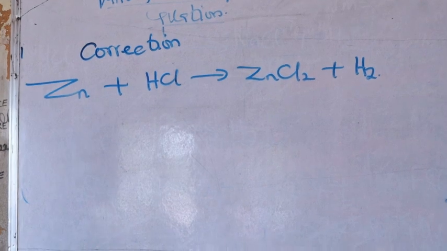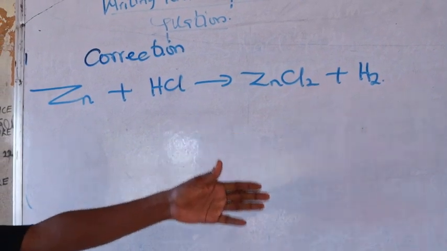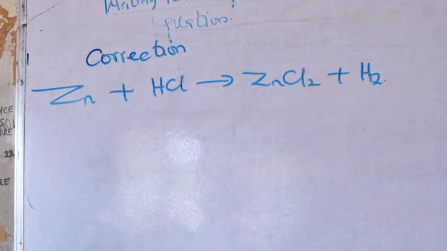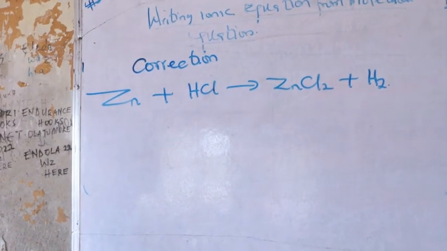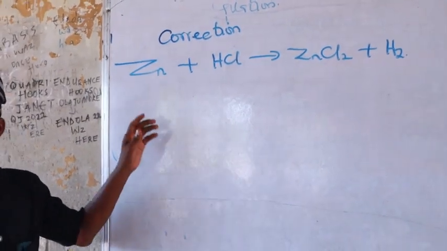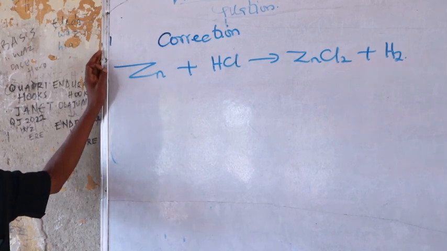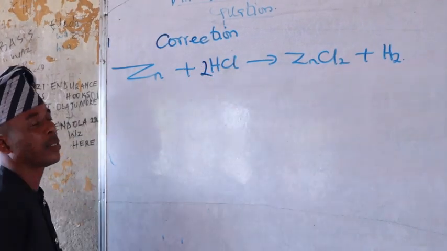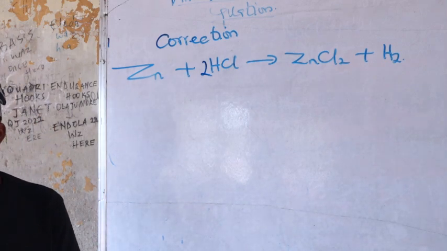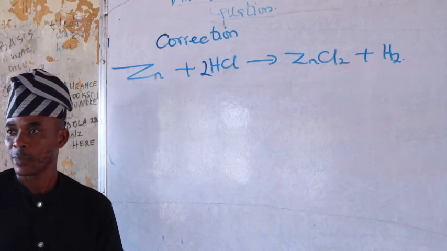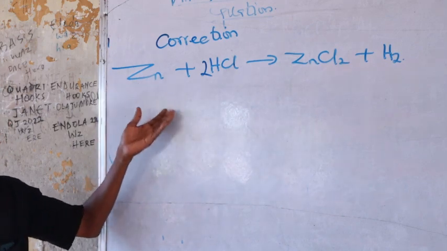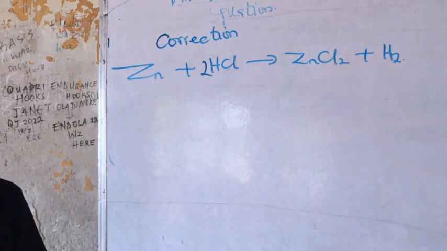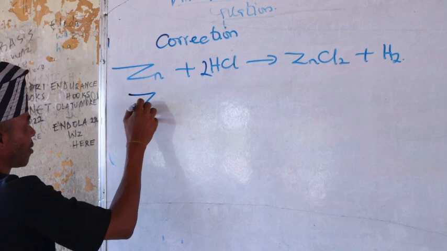I will solve one of the questions for you, but it is only one because of our time. Now, you have zinc reacting with HCl to give zinc chloride plus hydrogen gas. Of course, we know a solid will not dissociate, so that means zinc will remain zinc.